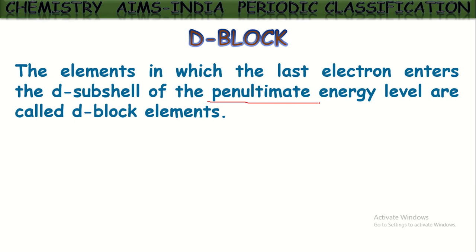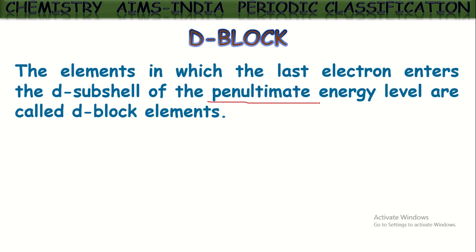The last shell of an element is called outermost shell or last shell. The next shell beside the outermost shell is called penultimate shell. The last but one shell of an element is called penultimate shell.